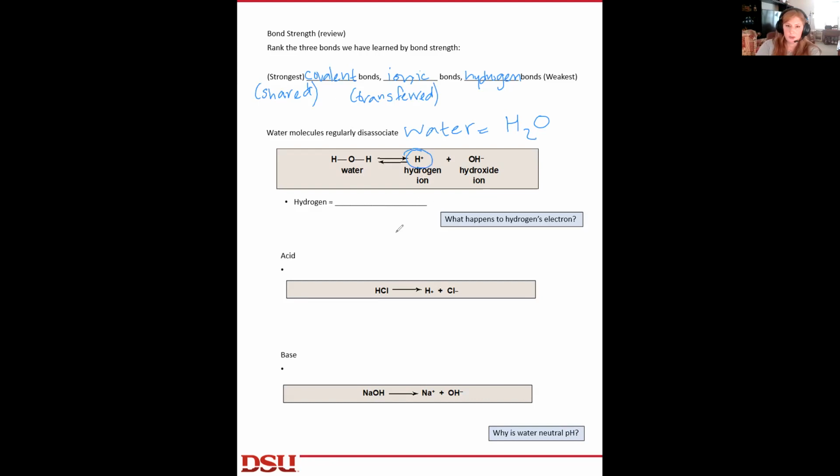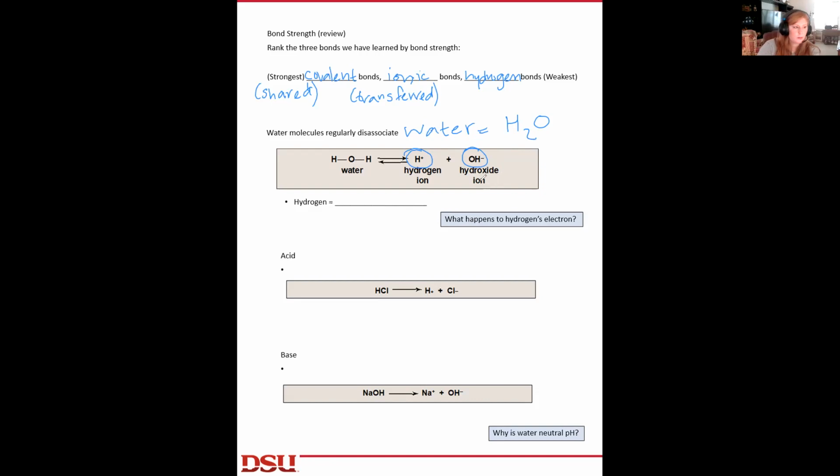We have a hydrogen ion, which, if you notice, is positive, and a negative hydroxide ion. The hydroxide ion has the oxygen and one of the hydrogens and the electron that came from this hydrogen ion. Okay, this is positive because the electron from that hydrogen is over here attached to this hydroxide ion.